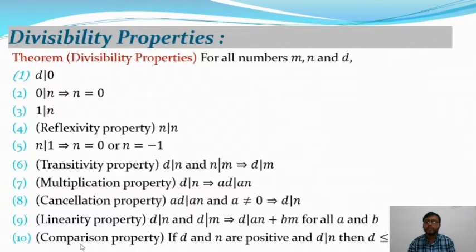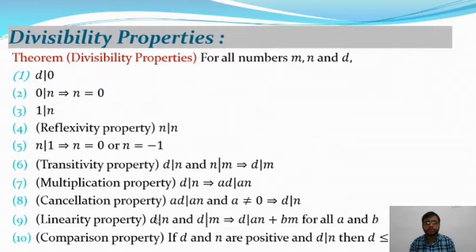After that we move on to the tenth property, called the comparison property. If d and n are positive and d divides n, then d is less than or equal to n. So these are the properties of divisibility.